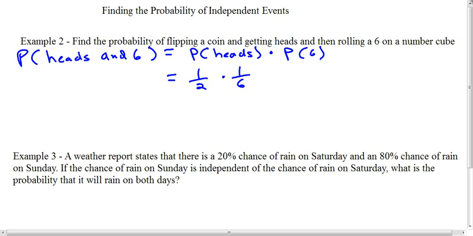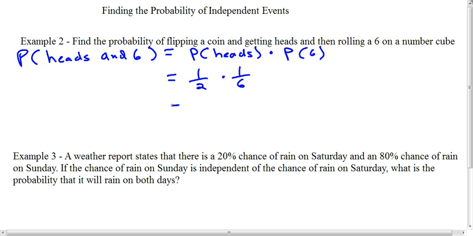1/6. Okay, so remember, two ways for the coin to land, either on heads or on tails. And of course there are 6 numbers on the cube. There's 1/6, so we have a 1 to 6 probability.